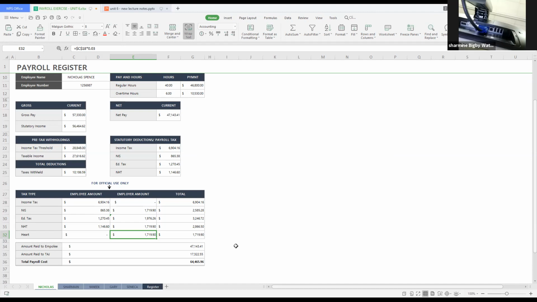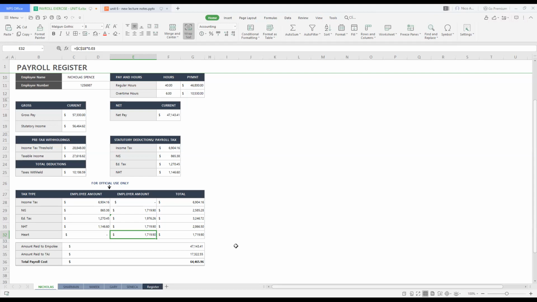No. The statutory income, remember, is the gross pay minus the NIS amount. And the gross pay we said was $57,330.